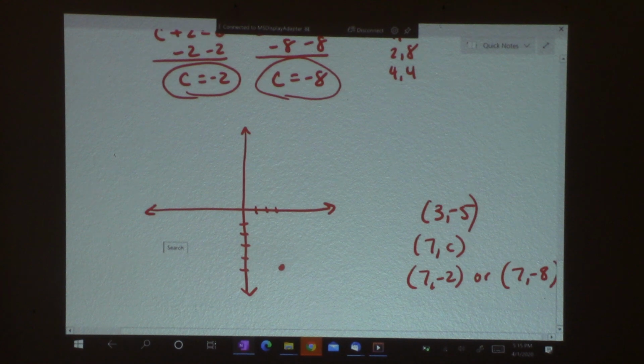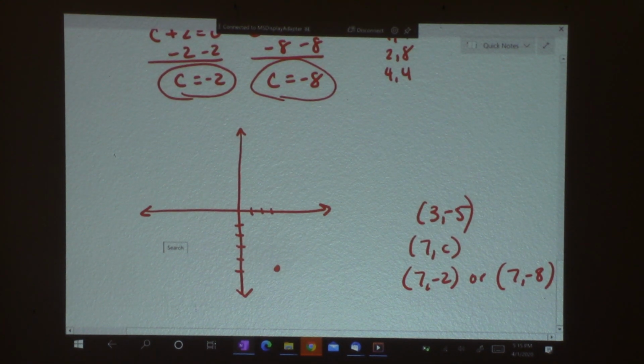Okay, so 7, negative 2. 1, 2, 3, 4, 5, 6, 7, negative 2, and 7, negative 8. Going to extend this. 6, 7, 8. So that's down here.